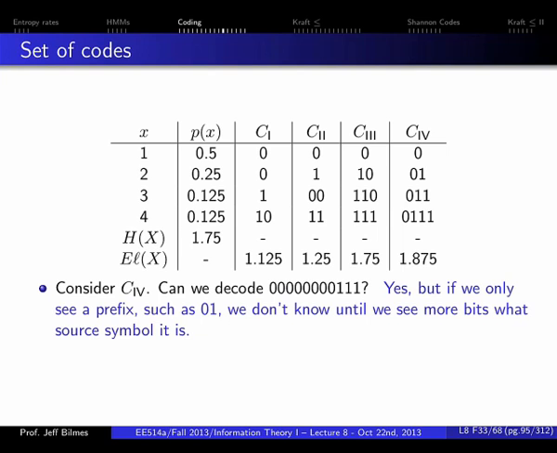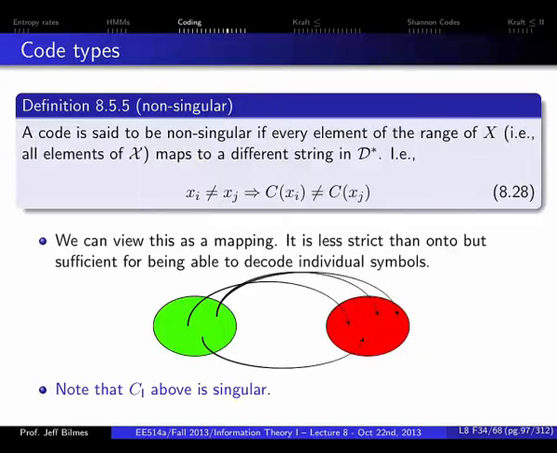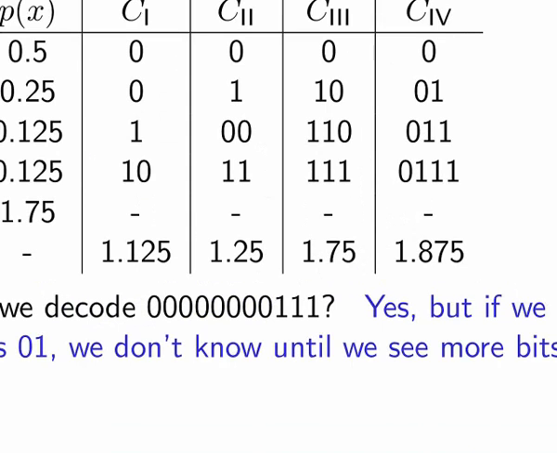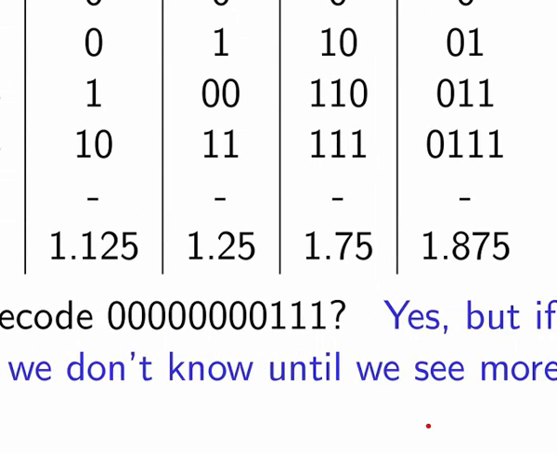Let me make this really clear. When we're at the point, let's say this is a streaming code, we've received all these zeros. Okay, we receive the 0.